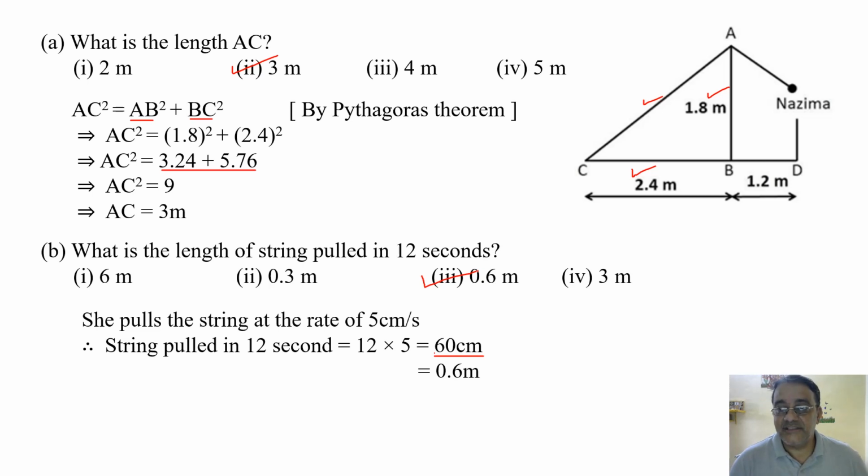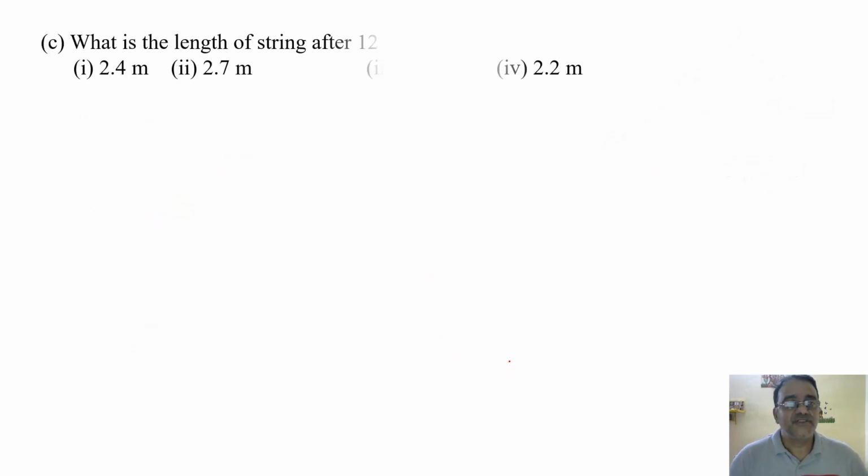Now see, the length of the string we got is 3 meter. And this much length of string she already pulled in 12 seconds. So keep in your mind. So next question, what is the length of string after 12 seconds? So whatever she pulled, that we have to subtract.